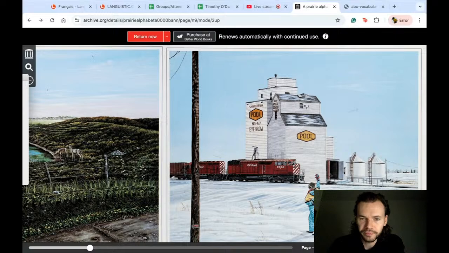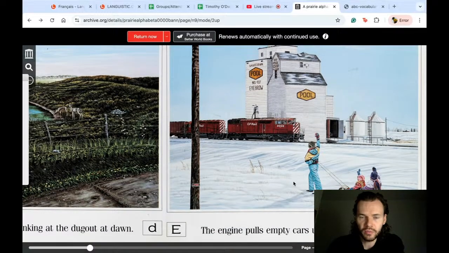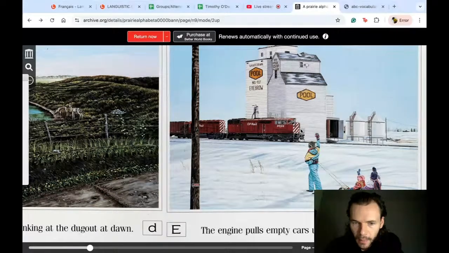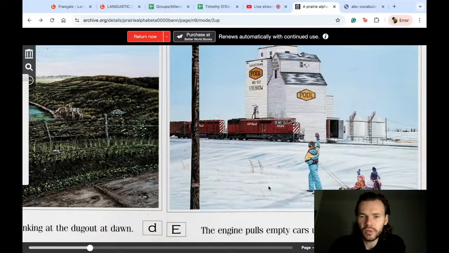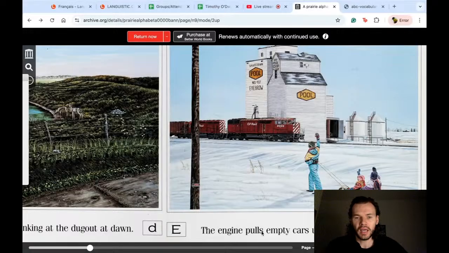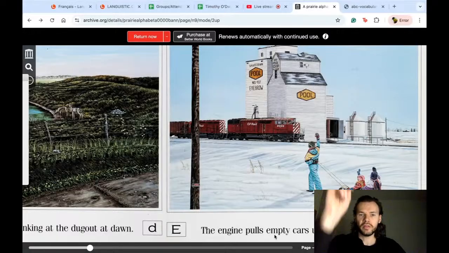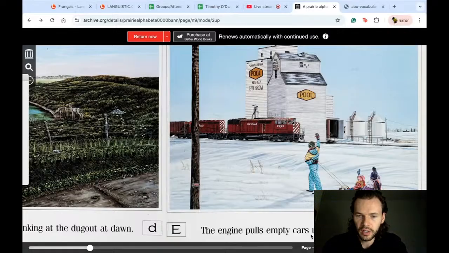So, the engine, we're talking about this train right here. And, well, kind of more like here, but we can also call a train an engine. And it's pulling empty cars up to the elevators.